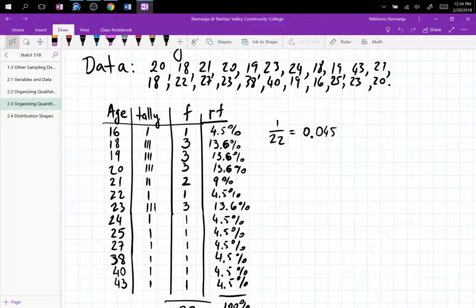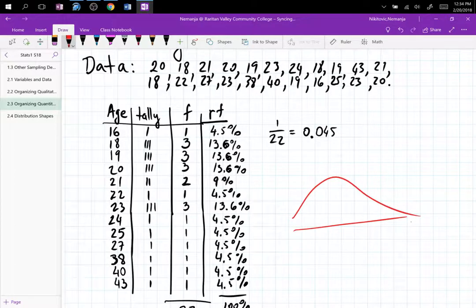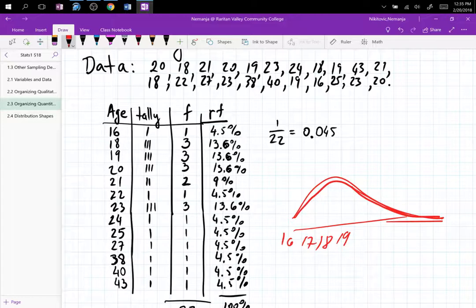So if you are to graph this, the graph would look this way, and that's skewed right. Because you see that for the smaller values, 16, 17, 18, 19, we have a peak. And then for the other values over here, we have this flattening. So it's skewed right. This is where all the 3s and 2s will go in terms of the height of your histogram.